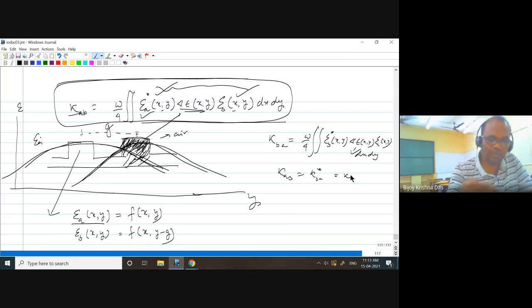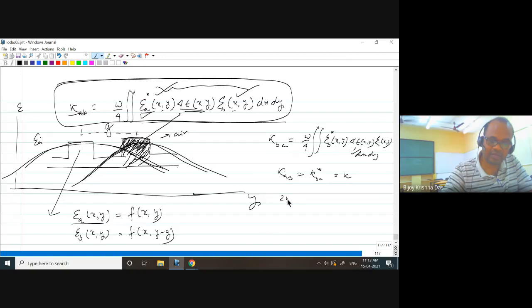Once you have that value, another thing you should keep in mind, whenever you are computing with numerical or any other software, is the normalization constant.